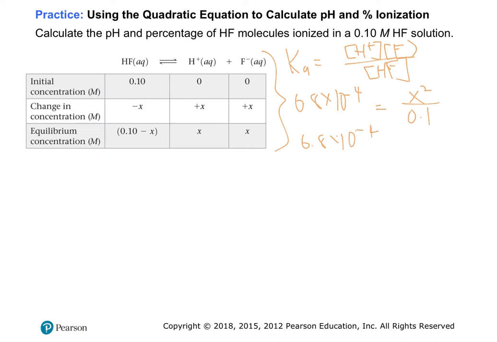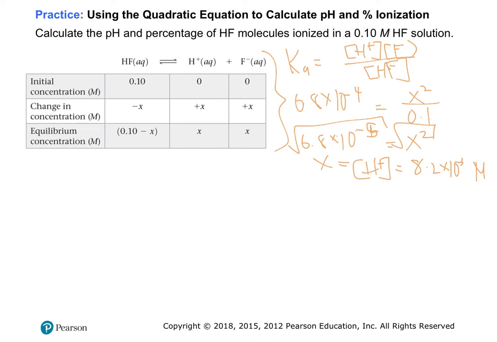Negative 4 equals x, that should be negative 5 now, equals x squared. We square root the whole thing. We get that our x, or hydrogen concentration, is 8.2 times 10 to the negative 3rd molar. So what we want to do is calculate percent ionization to see if this is a good enough approximation.